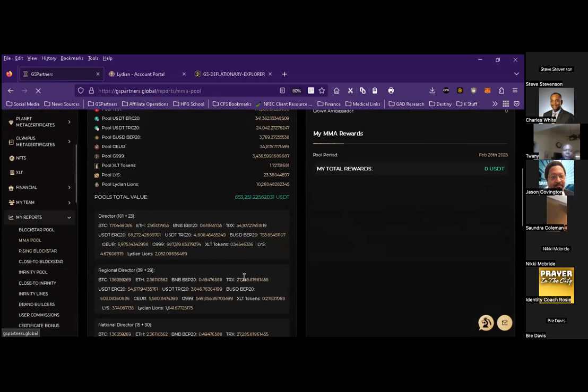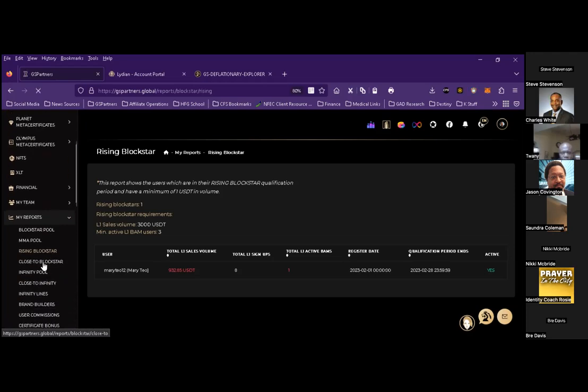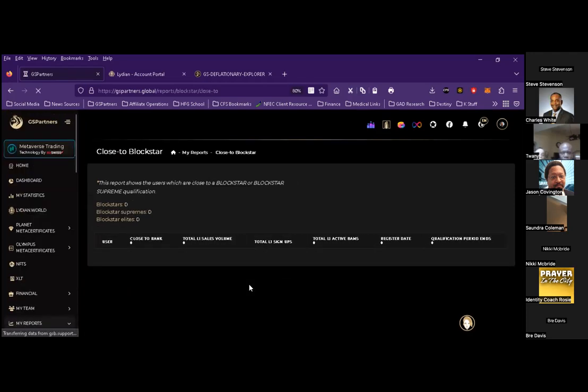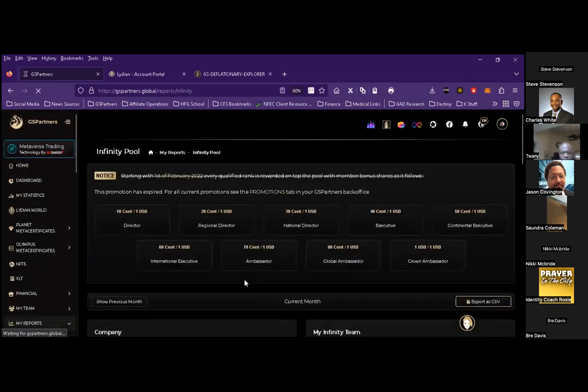Rising Blockstar allows you to see who in your organization is closest to hitting Rising Blockstar. Close to Blockstar will show people who are closest to Blockstar, as the name implies. I think I already showed the Infinity Pool.